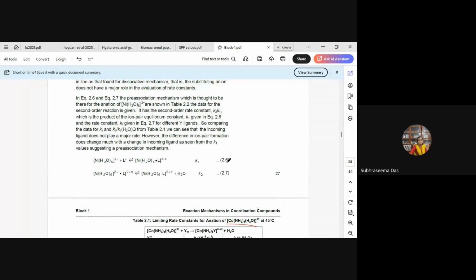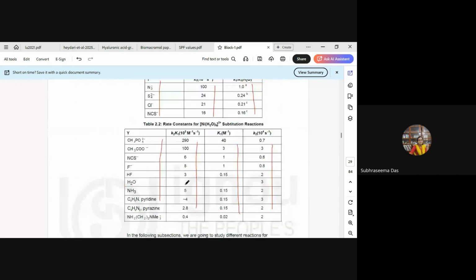So in equations 2.6 and 2.7, the pre-association mechanism, which is thought to be there for the anation of Ni(H2O)6, has been shown and the data has been shown here. Comparing the two tables, we can see the mechanism for the pre-association mechanism for ligand exchange.